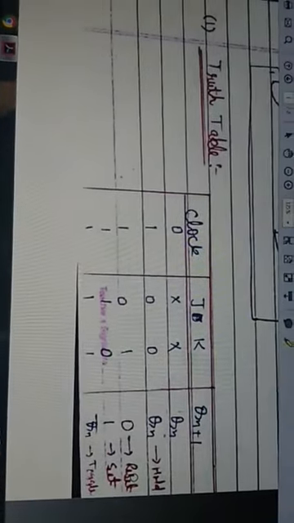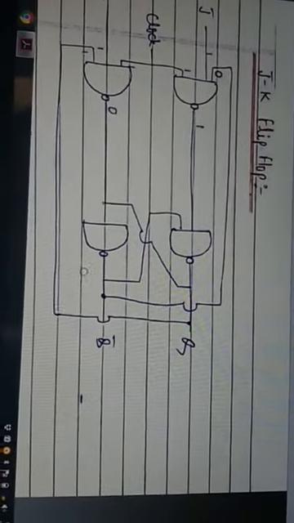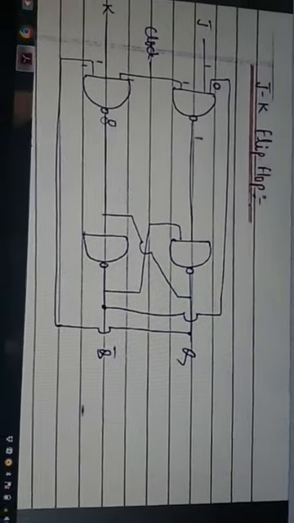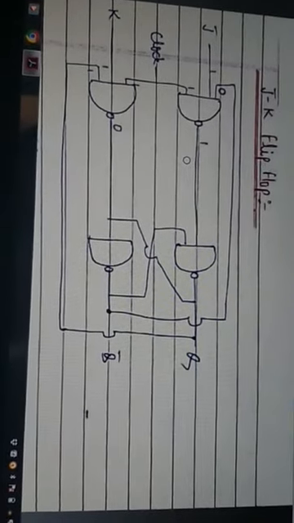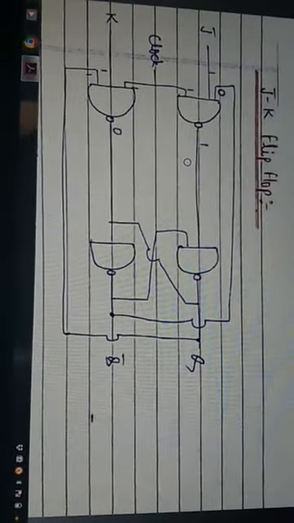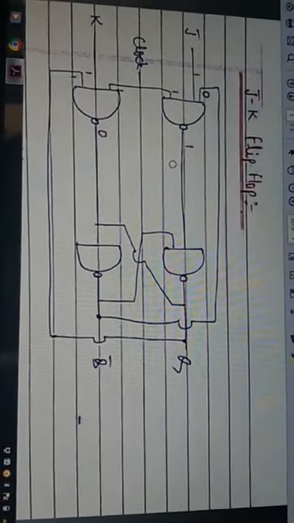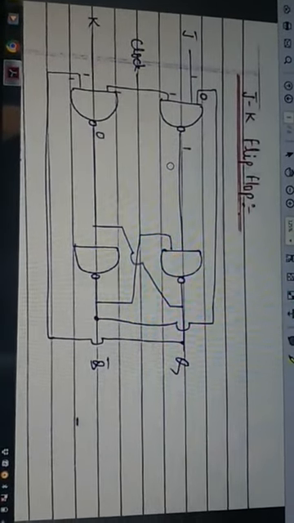Next case, J 1, K 0. It means R is 0 and S equals J into Q bar.